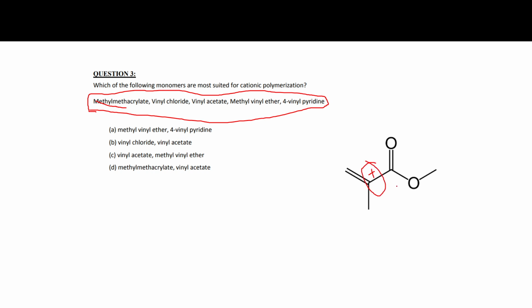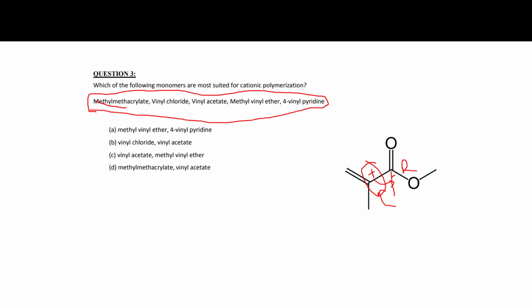So if this carbocation forms like this, you have this carbonyl group, which will take out electron from this carbon center. If there is some group which can give electron here, then the carbocation will be stable.